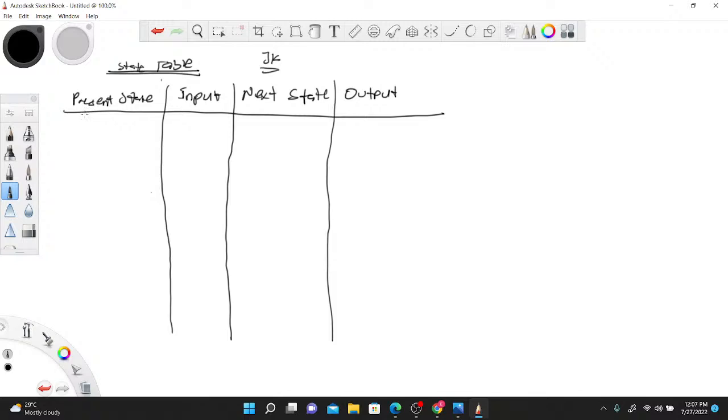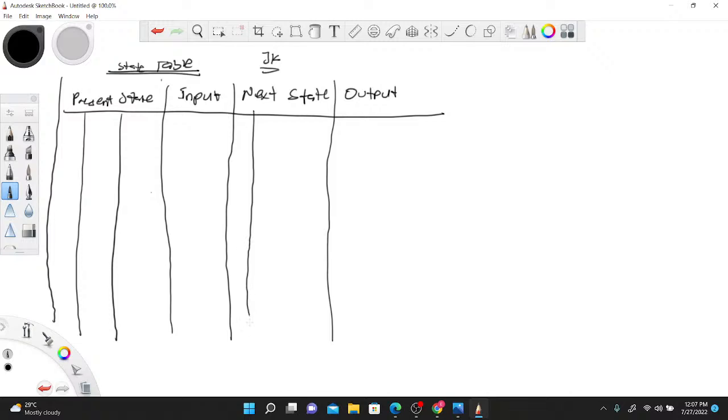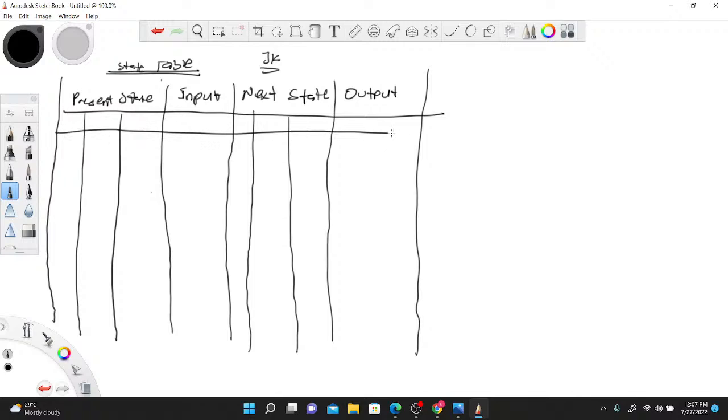So now we talk about present state being 3, inputs is just x1, and next state is 3. Then the output is also just y out. So we have x in, y out, a1, b1, c1, a naught, b naught, c naught. You understand? That's how we do it.